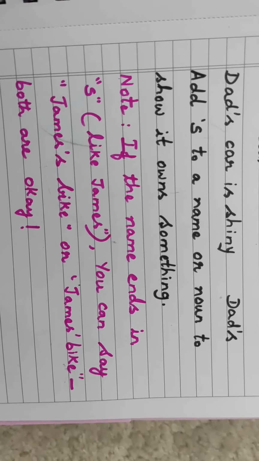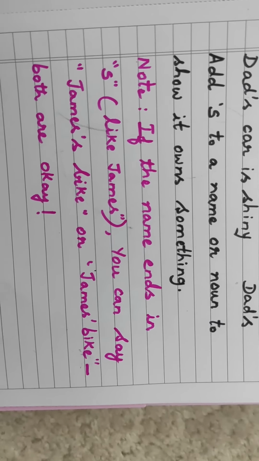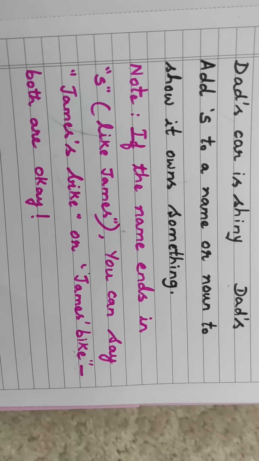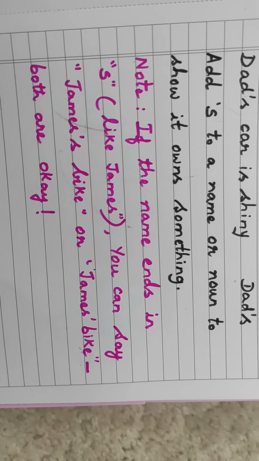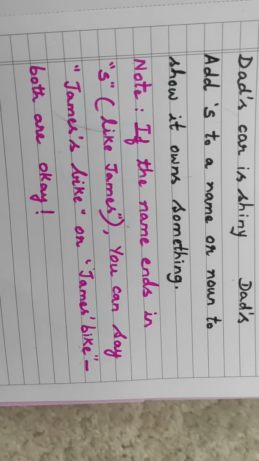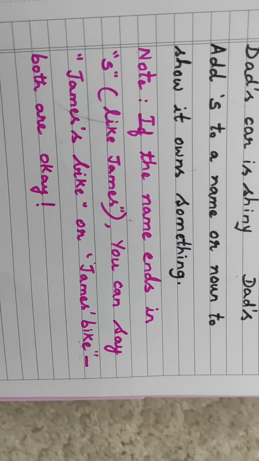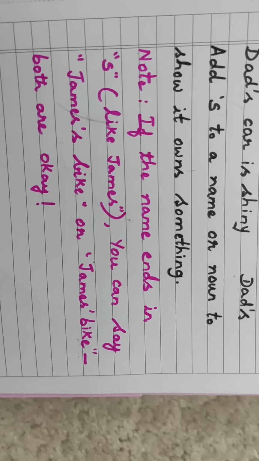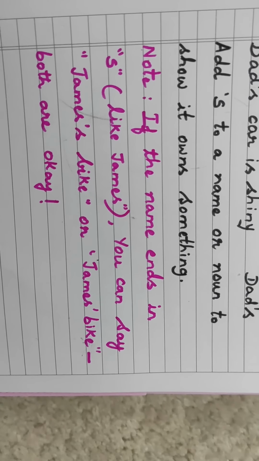If the name ends in S, like James, you can say James apostrophe S bike or James apostrophe bike. Both are okay. Actually, both are okay.